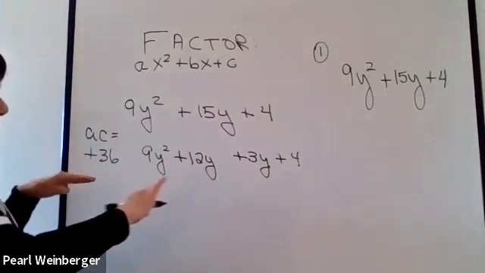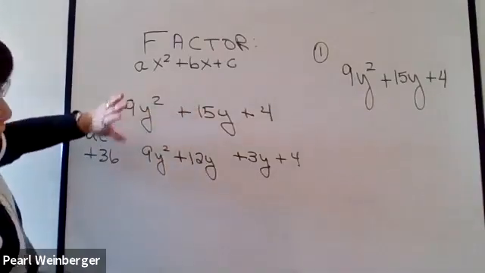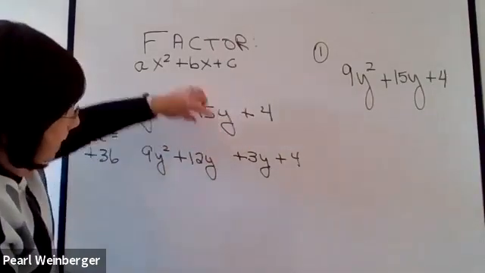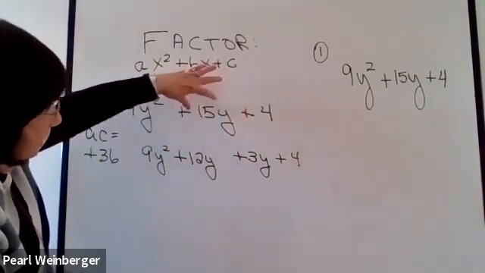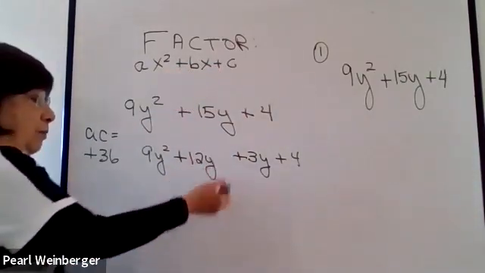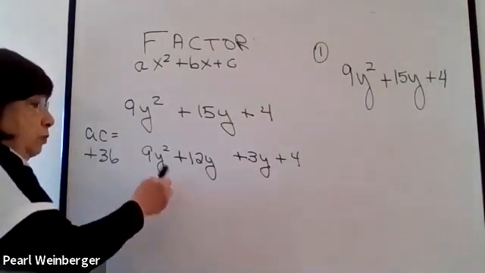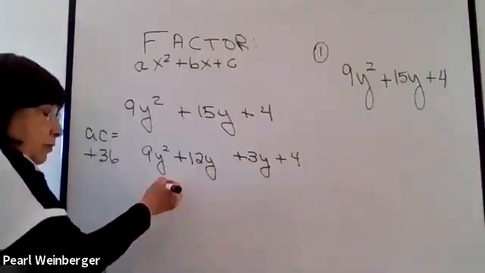Notice I really have not changed this, because 12y plus 3y is the 15y. Now we have our 4 terms, so we can group it. In my first group, what's my common factor? Just plain y?